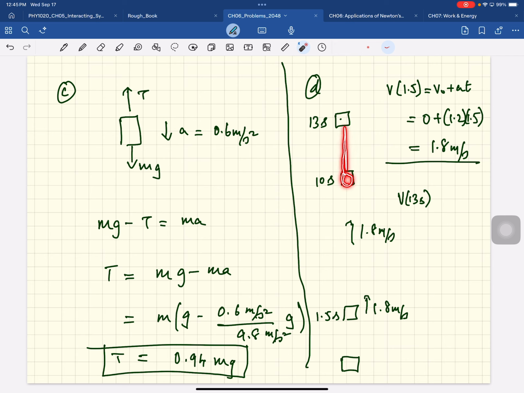And what is the initial velocity at this point? Very good. So we're calculating at 13 seconds, but we'll have to write it as 3 seconds. So initial velocity is 1.8 meters per second. And the acceleration is in the opposite direction, and it's 0.6 meters per second squared.